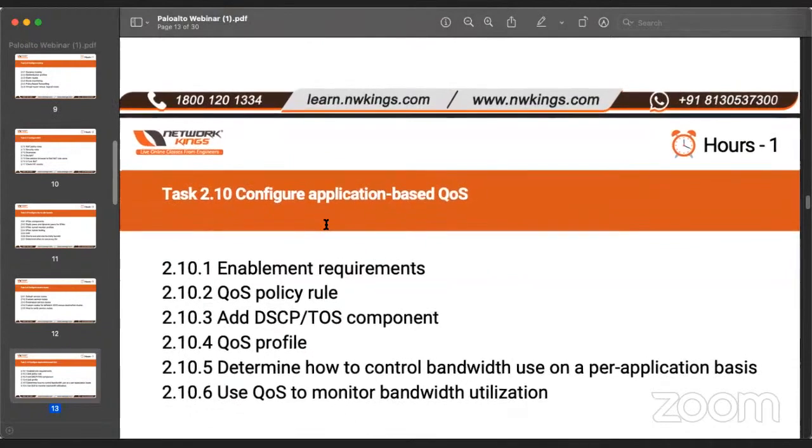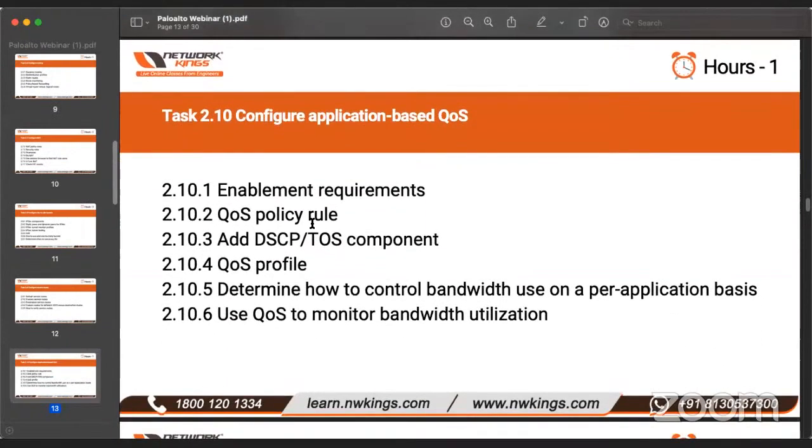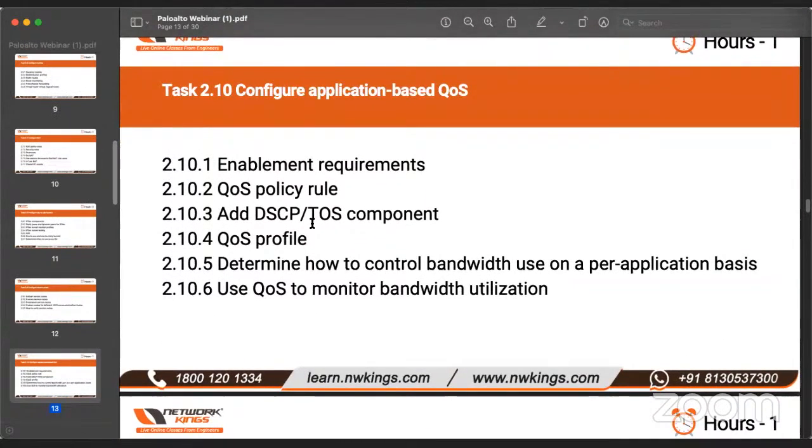Okay, then we will talk about QoS, right? This is not so important from a firewall perspective, because firewall is typically not used to do QoS as such. But the idea here is to basically categorize traffic. So we have 8 classes inside Palo Alto that you can use to mark different traffic.